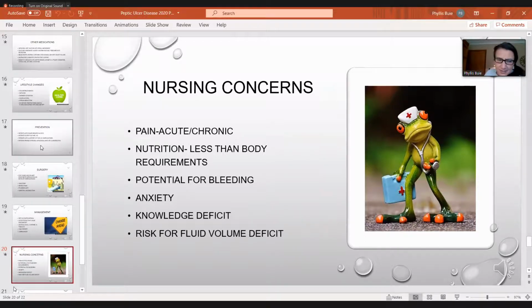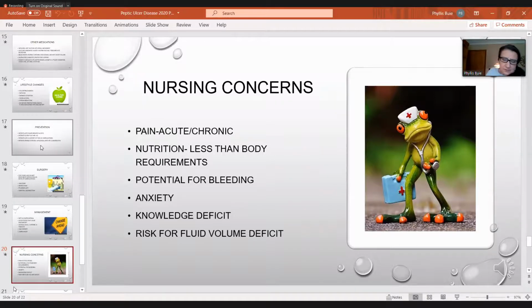How often do they need to see the doctor? If they've had a problem with GI bleeding in the past, what things do they need to look for? When they're vomiting, is it bright red blood or is it coffee ground? What does it look like? We want to teach them all of this stuff too, because just because they've had the condition doesn't necessarily mean that they know everything there is to know about it.